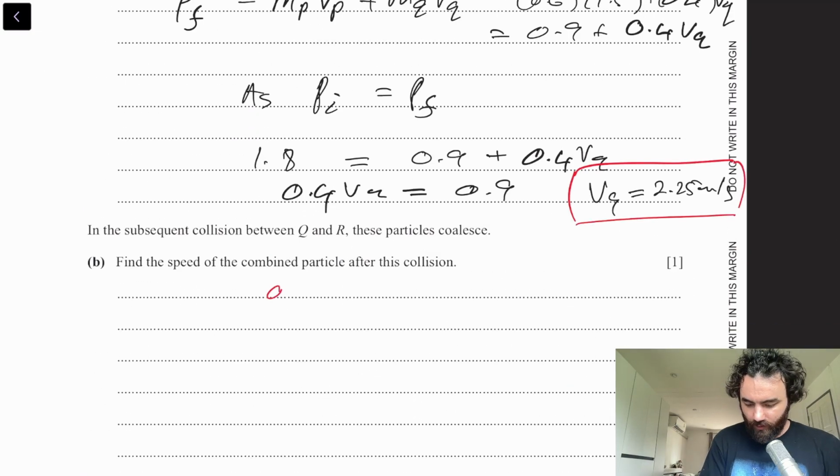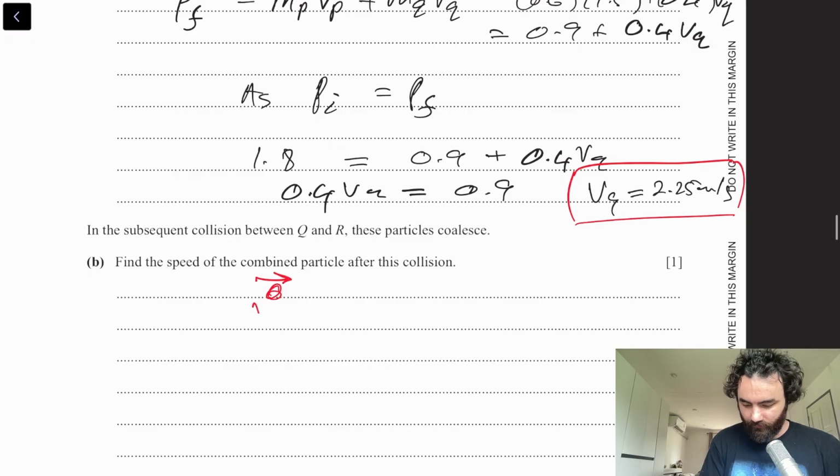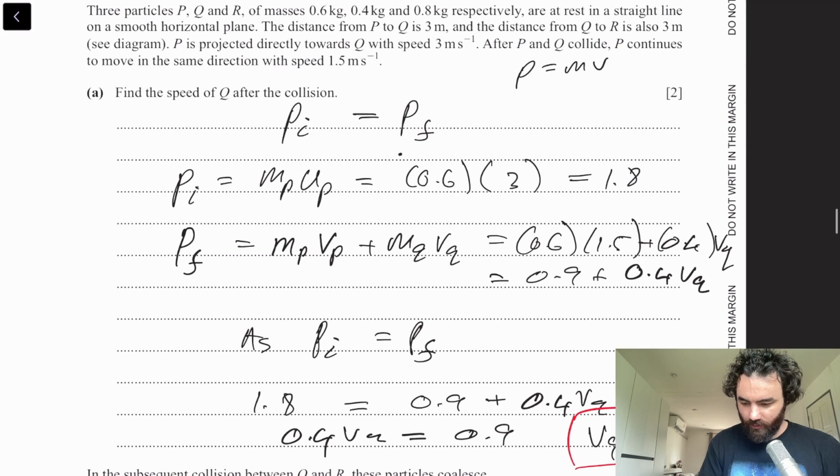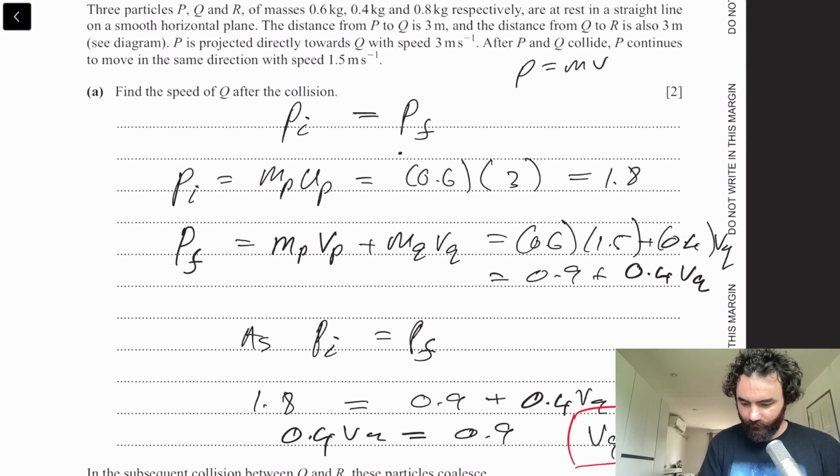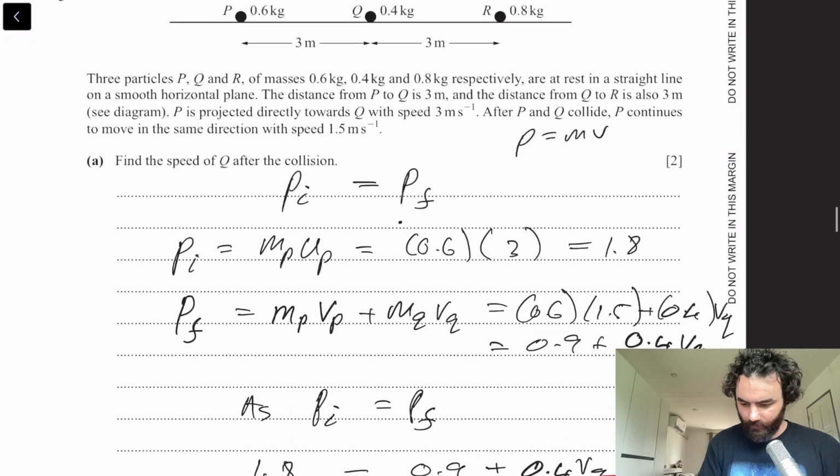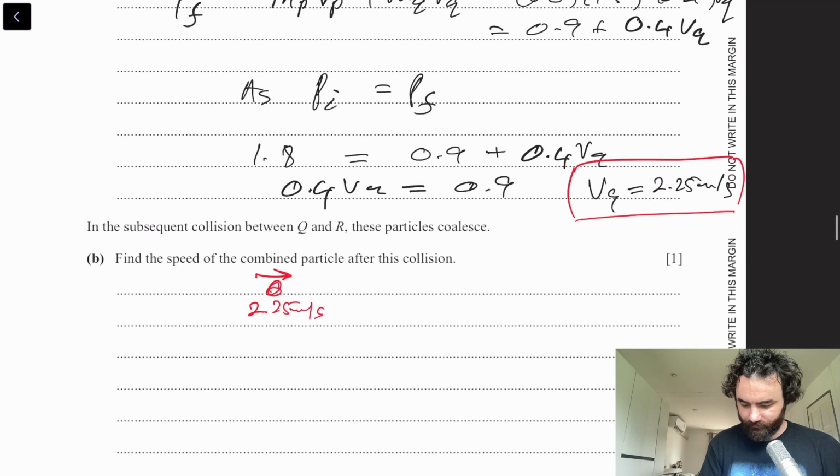Okay, so we have a particle moving at this speed, we could call it 2.25 meters per second, and we have R at rest, and then they collide together. We want to know what the velocity of QR is.